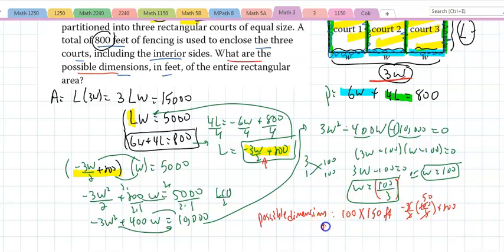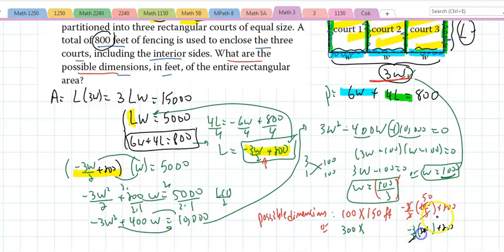Or it could be 300 by, if I use that to figure out the width, I'm looking at negative 3 halves times 100, I'm sorry, W is 100, times 100 plus 200.